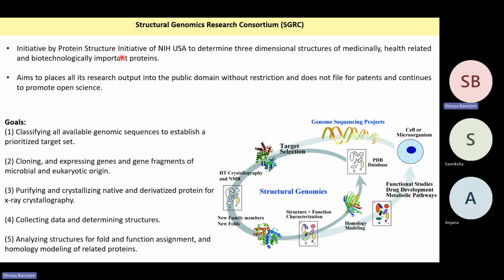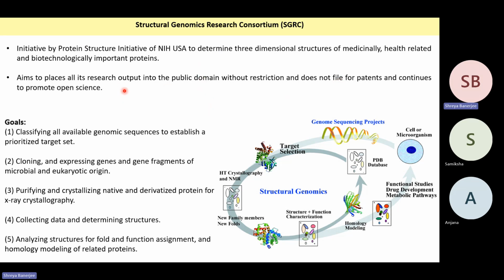So there is an initiative by the Protein Structure Initiative of the NIH USA, which determines the three-dimensional structure of biologically relevant proteins. Whatever three-dimensional structure it determines, it puts in the public domain so that people can research on it without any problems.